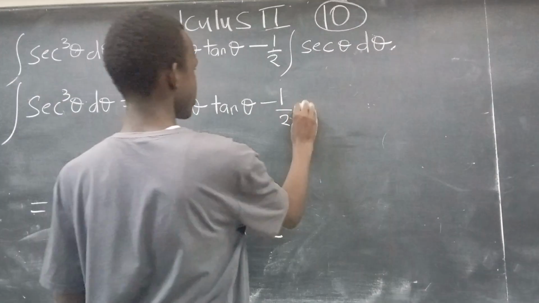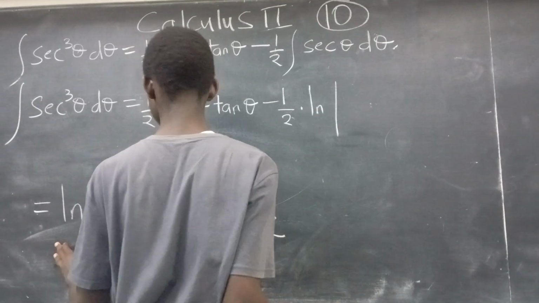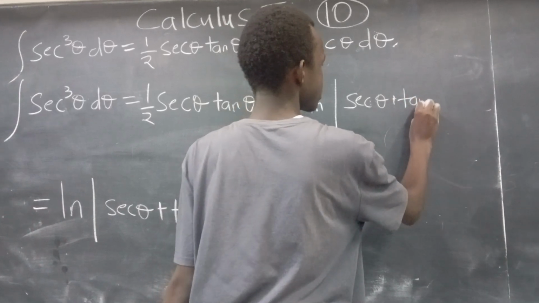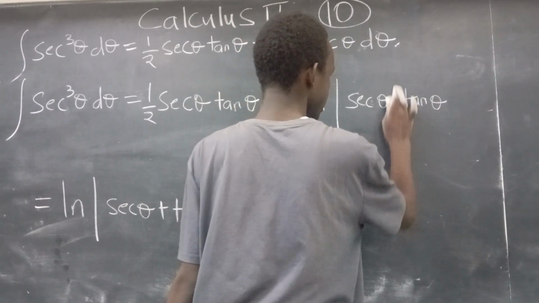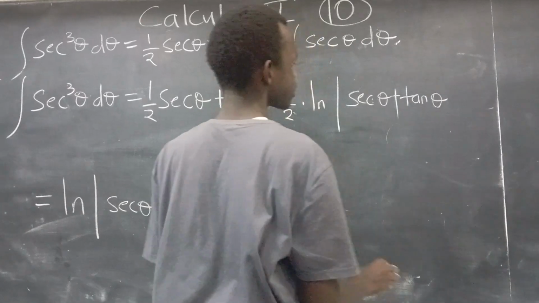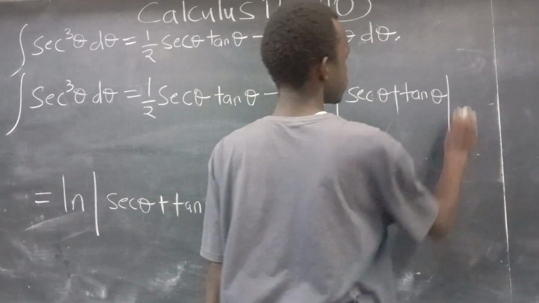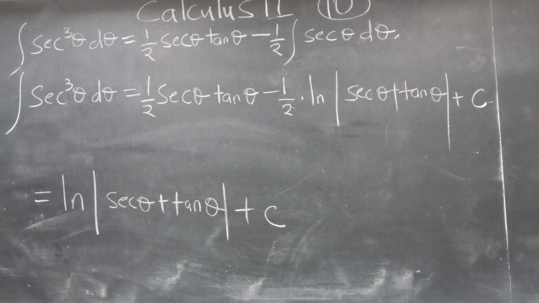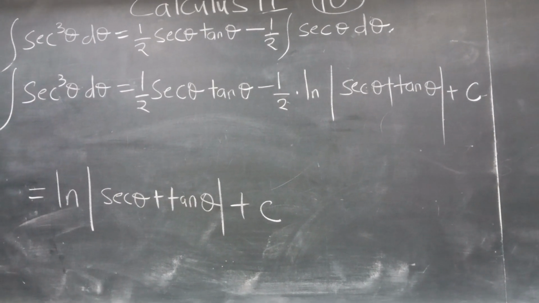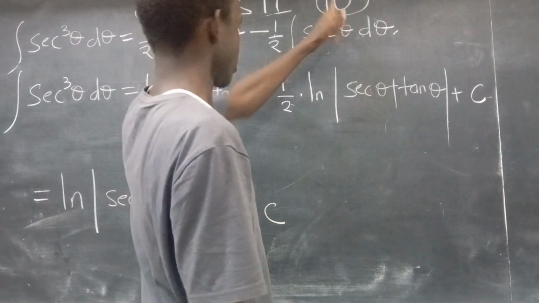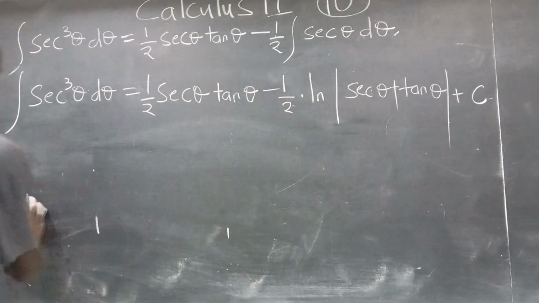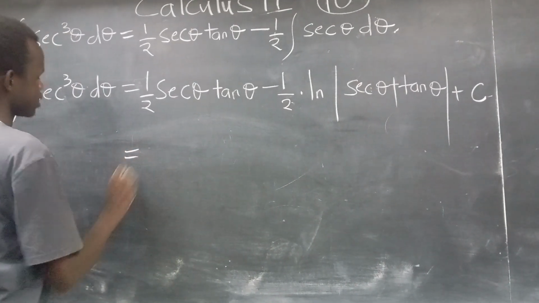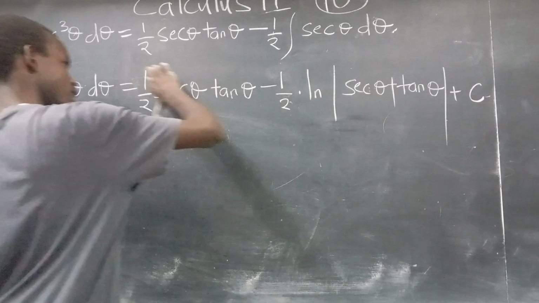So I'll multiply by ln of the absolute value of secant of theta plus tangent of theta. Remember there's a plus here, plus a constant c. So this is the answer, but remember we still had our 10. Remember our 10 back in your mind. So I'll just multiply this answer.